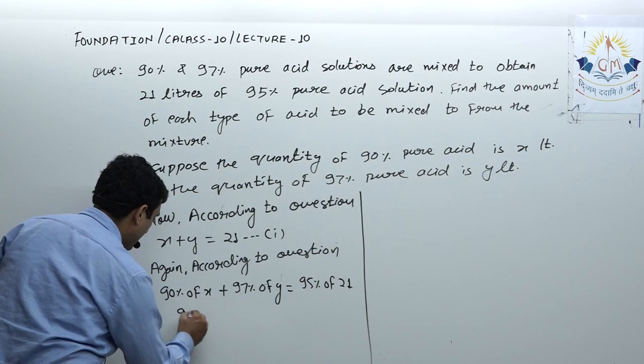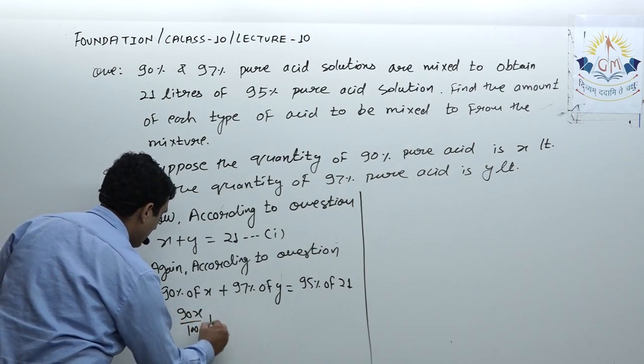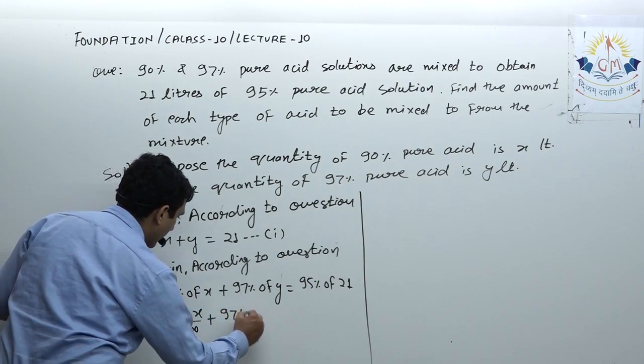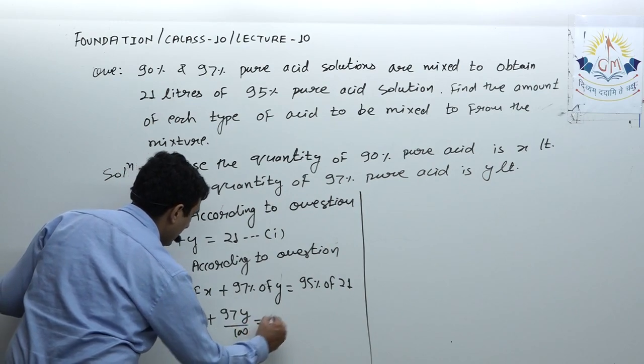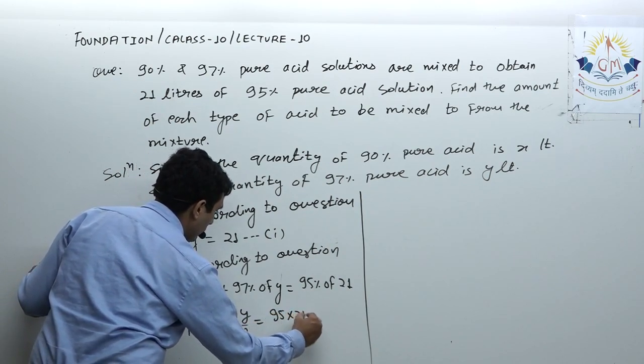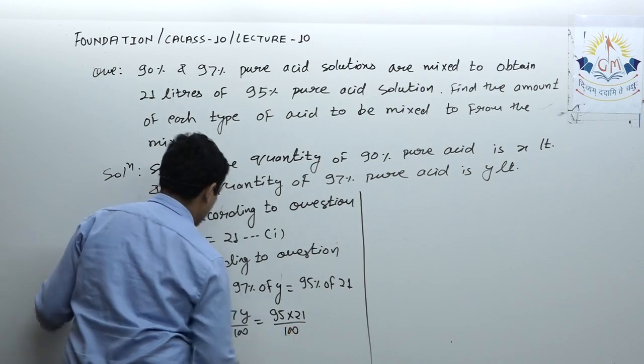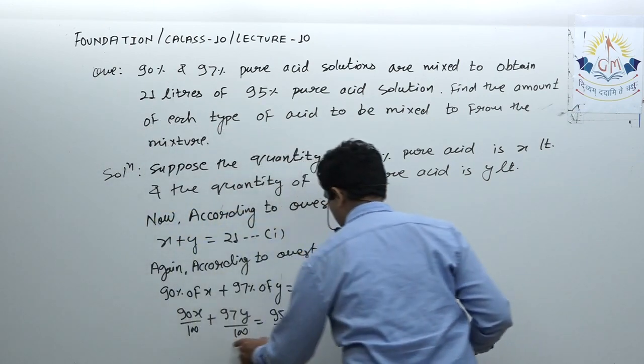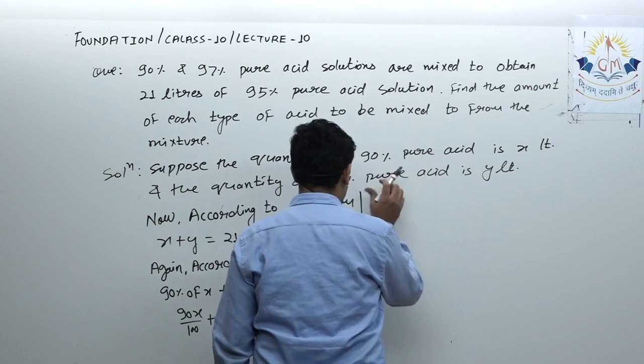That is 90x upon 100 plus 97y upon 100 is equal to 95 into 21 upon 100. So I can cancel these 100s.